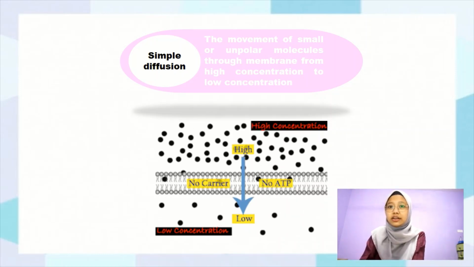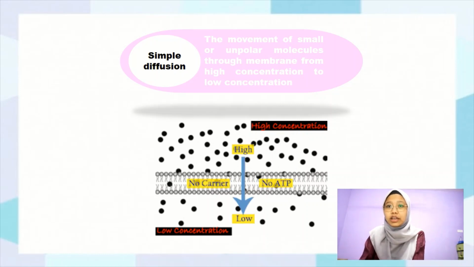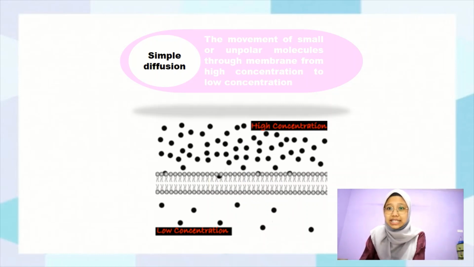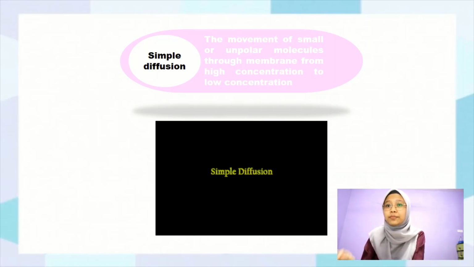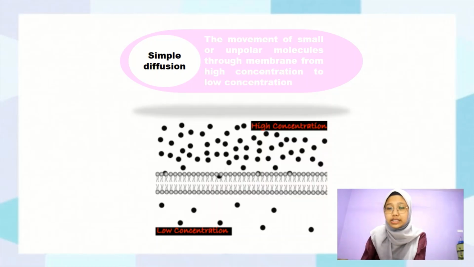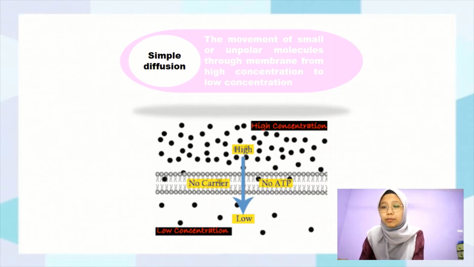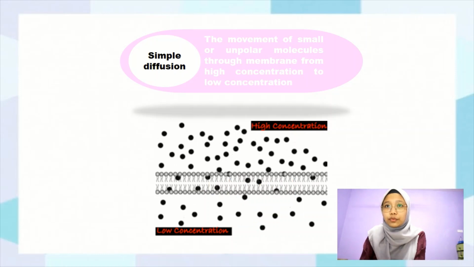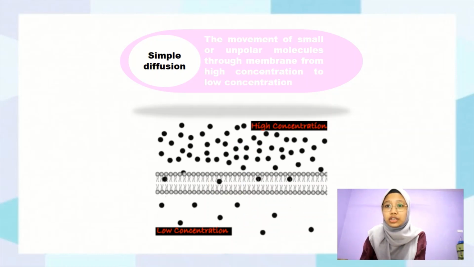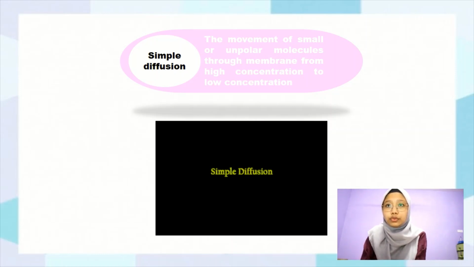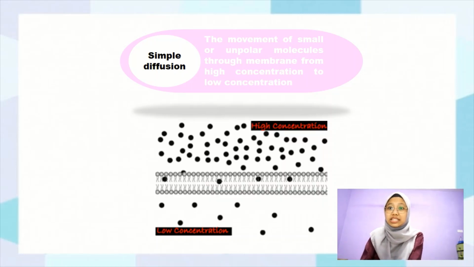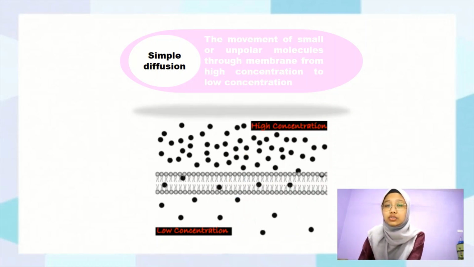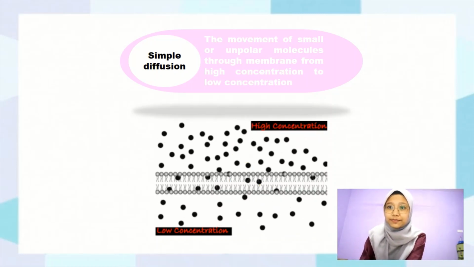As you can see here, there is no help from a carrier and no ATP is needed to undergo simple diffusion. So the molecules which are highly concentrated will move to the low concentrated region.